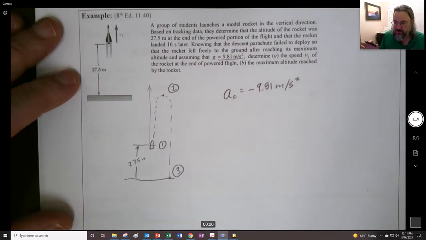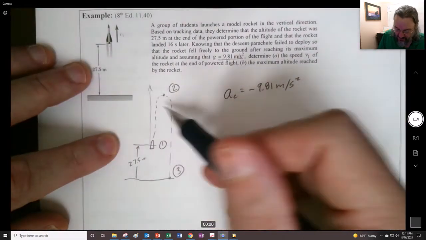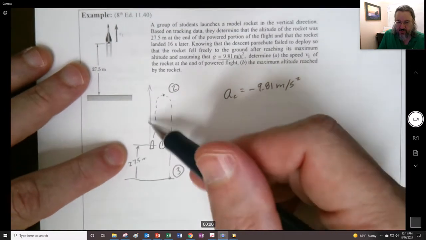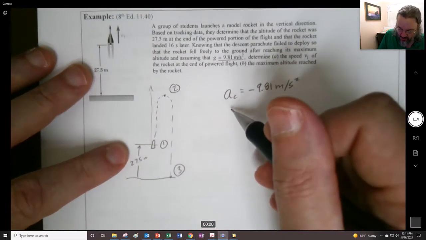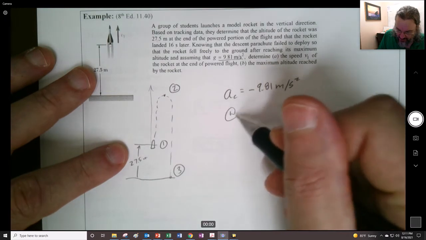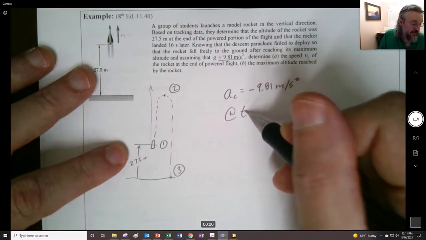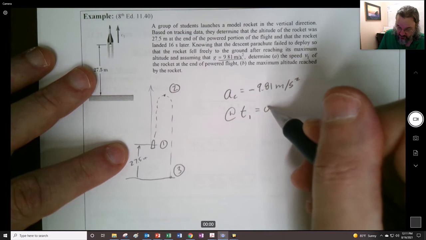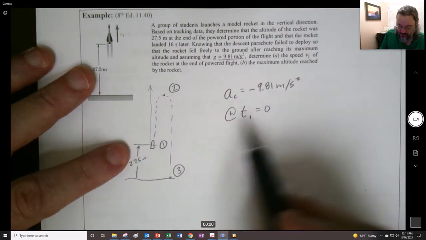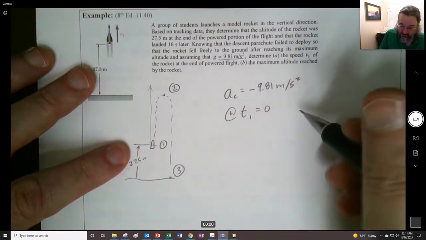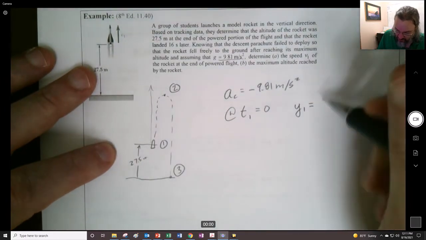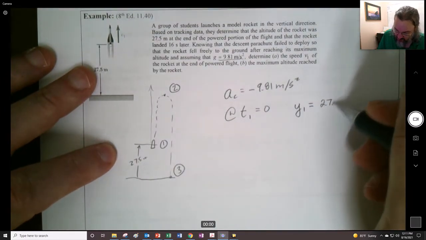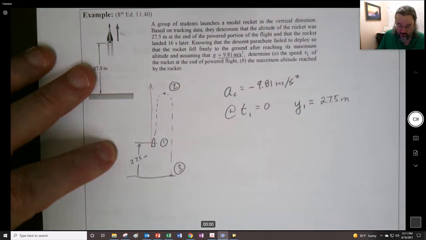We know this, and this is very similar. We do very similar things when we solve problems. We're going to write down the things that we know, maybe come up with sort of a plan, to help us think our way through all of this. So at t1 equals 0, right? So this is time 1. When that is equal to 0, we know that y, we'll call it y1, is equal to 27.5 meters, right?